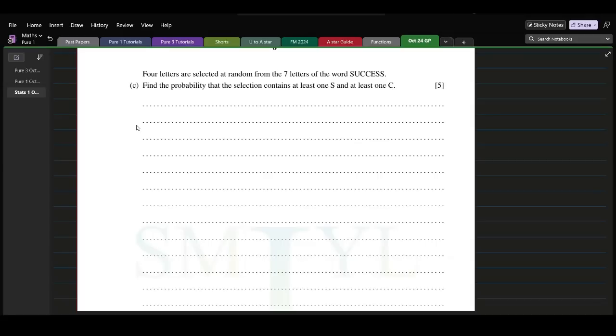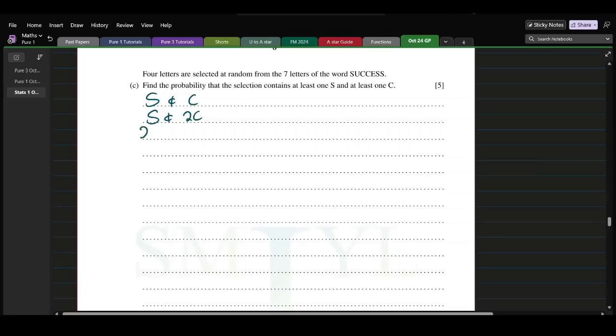4 letters are selected at random from the 7 letters of the word success. Part C. Find the probability that the selection contains at least one S and at least one C. Let's write down all the different scenarios we can have. We've got one S and one C. We could have one S and two C's.